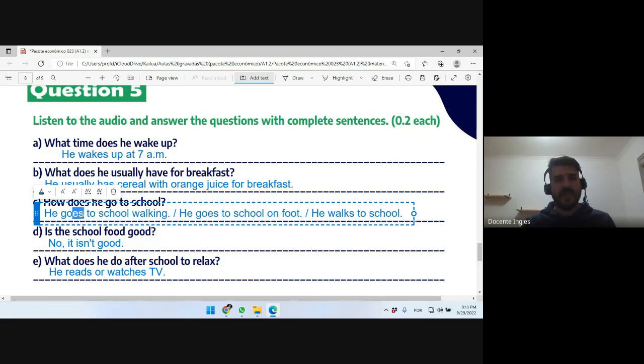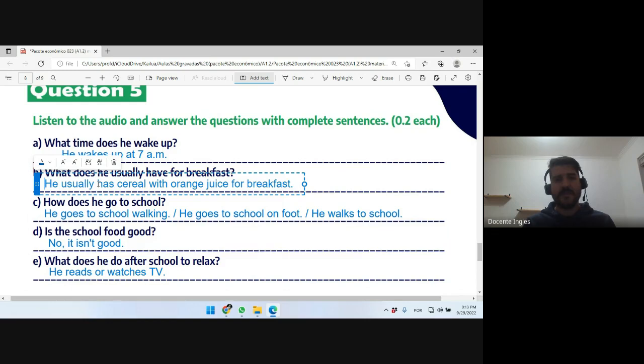So CH, SH, S, X, Z, or O, we put ES. And the verb to have is a special verb. I have, you have, they have, we have, he, she, it has. We have to remove parts of the verb. Okay?